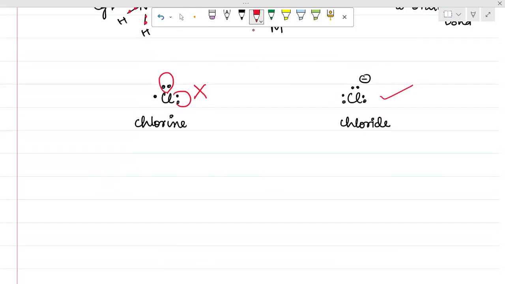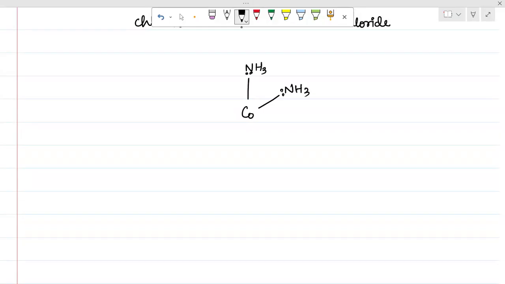Okay. Now we said that a coordinate bond is where you give the electrons. Where do they give the electrons? They give the electrons to the metal. So if you take some examples, CO, random examples, okay, and NH3, let's say, and you have Cl, it can also donate, correct? And let's say water.